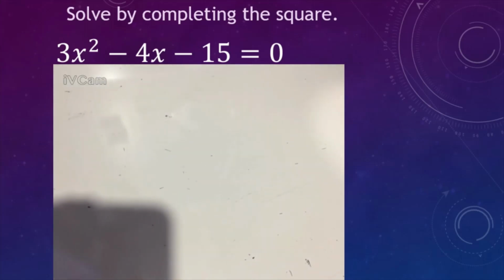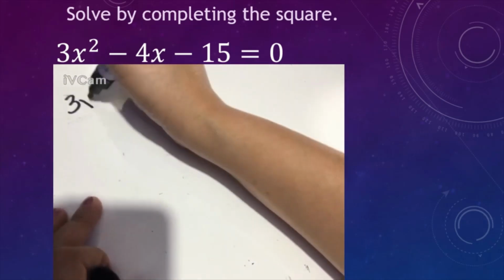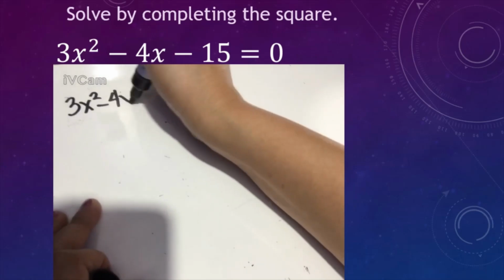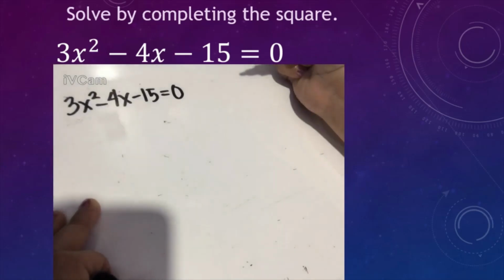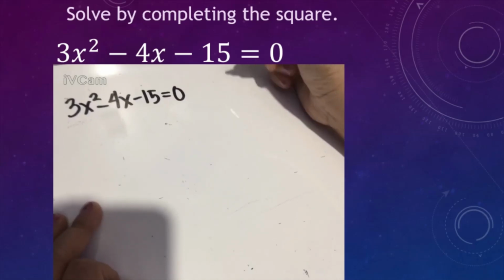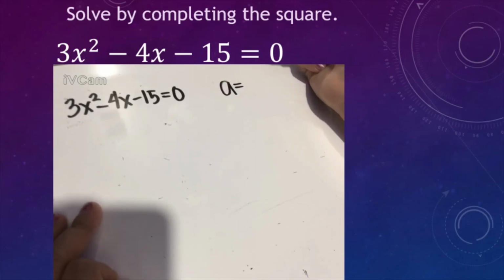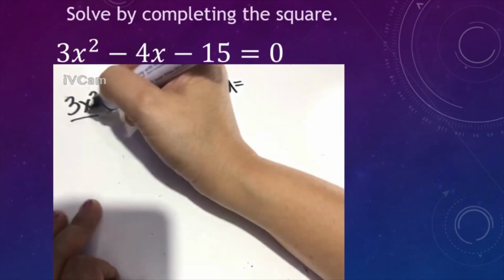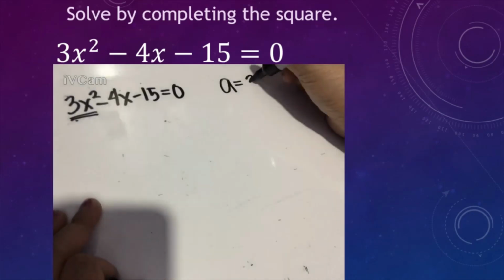Okay, let us solve by completing the square the quadratic equation 3x squared minus 4x minus 15. What we're going to do first, we will divide both sides of the equation by the coefficient a, then simplify. So what is the coefficient a? Since the coefficient of our quadratic term, which is 3x squared, is 3, therefore our a is equal to 3.